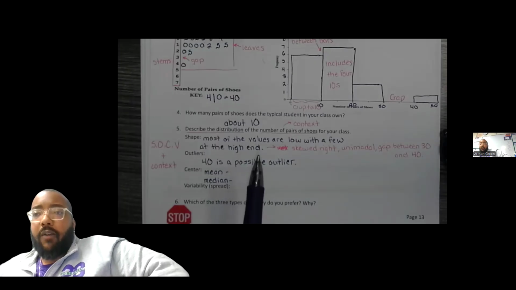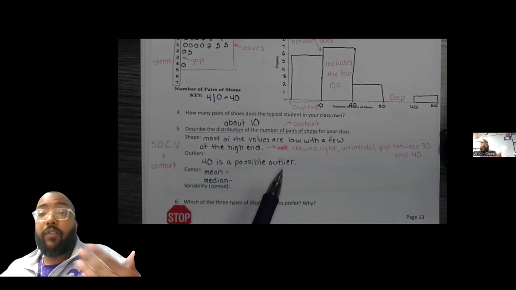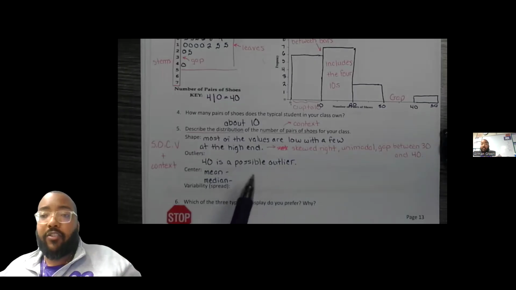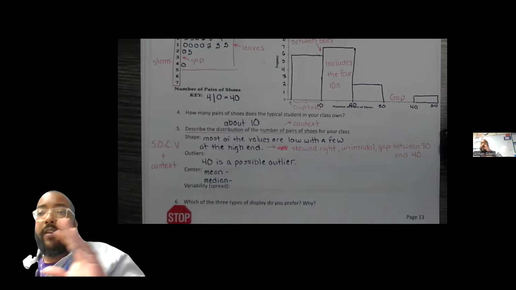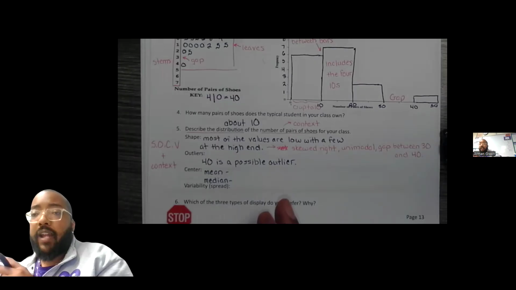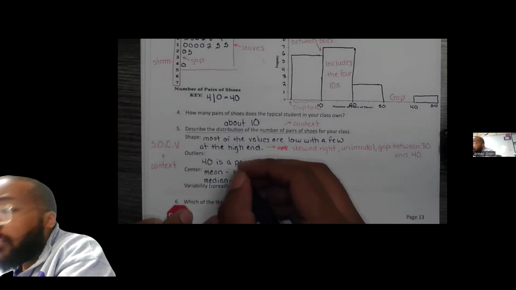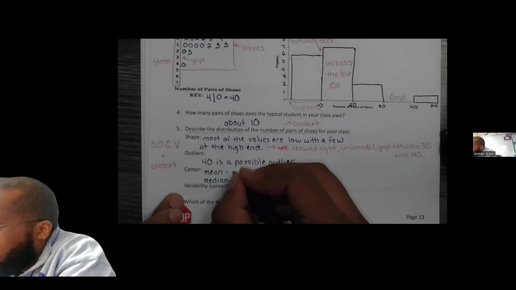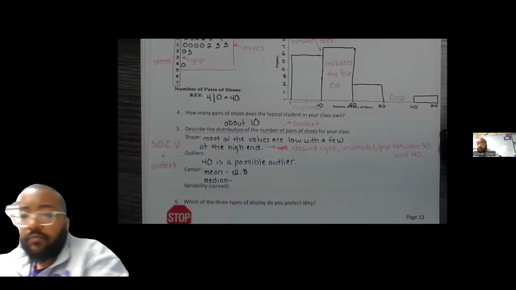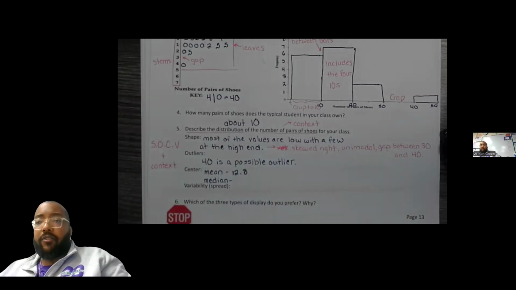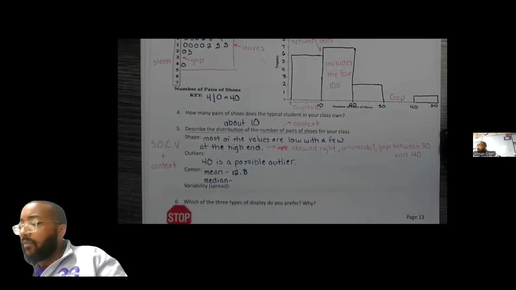So we're just trying to figure out what is the average number of shoes that a teacher would have. For right now, I'm going to give you the mean. The mean in this case is 12.8. That's the average, and we'll talk later in the unit about how you can find that through Desmos.